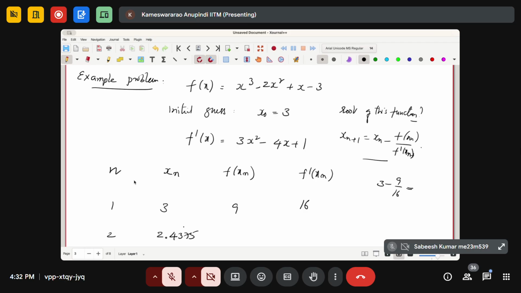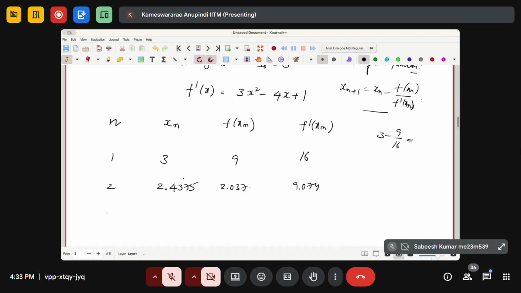Let me get my calculator. So we have alpha cubed minus 2 times alpha squared plus alpha minus 3. For 2.4375, that is 2.037. f prime xn, anybody? It's going to be 9.074.